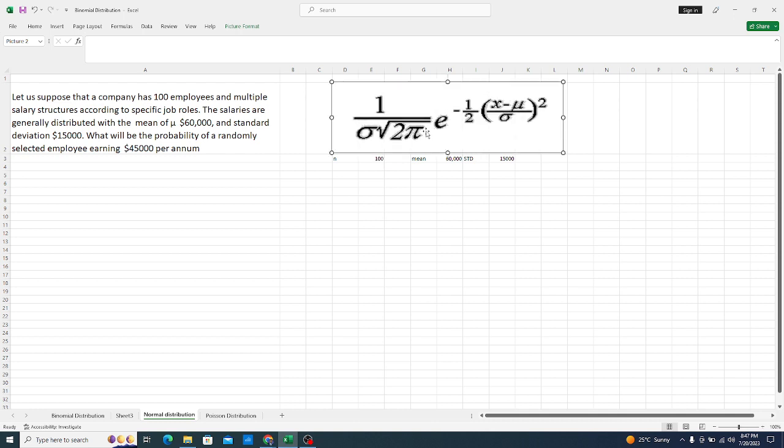So I want you to break down this formula into all these parts. Like we'll have of course the part with the standard deviation, that is the STDEV, which is the sigma. I will also need you to do the square root of 2 pi.